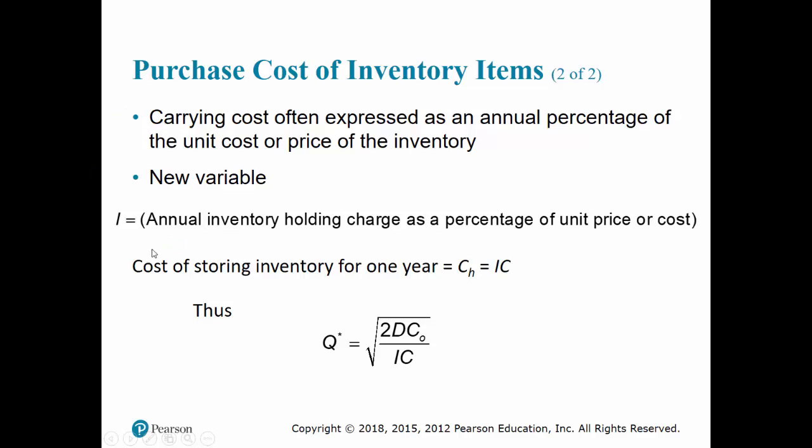So sometimes instead of C sub h being given as a dollar amount, it will be given as a percentage, the annual holding charge as a percentage of unit cost or unit price. In that case, we have to first compute what C sub h is. C sub h will be the percentage I times the cost of the item, and then use that in the EOQ formula.